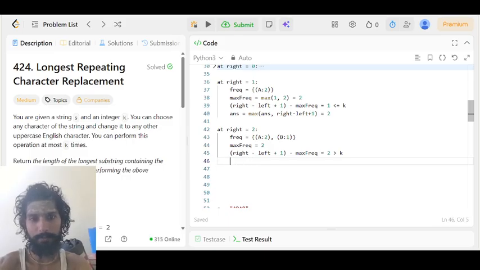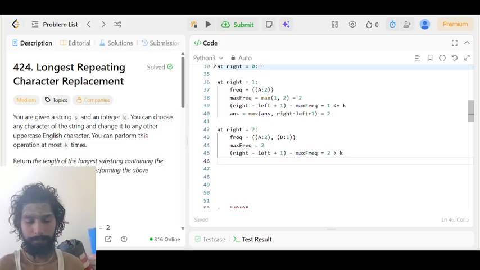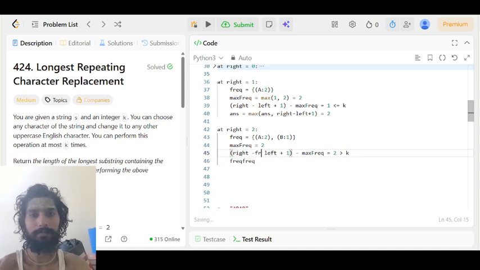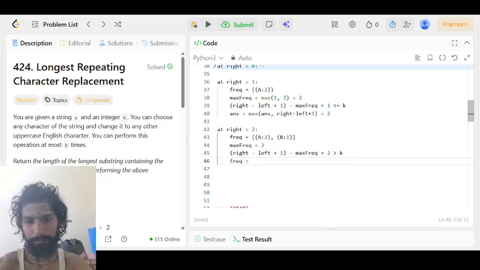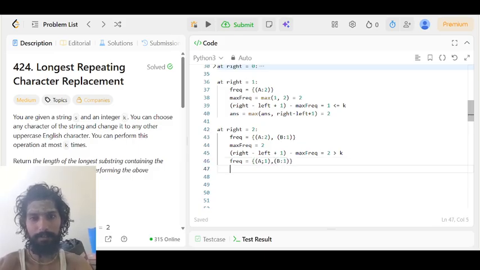So freq will become A1 and B1, and my left will increase and left will become equal to 1.